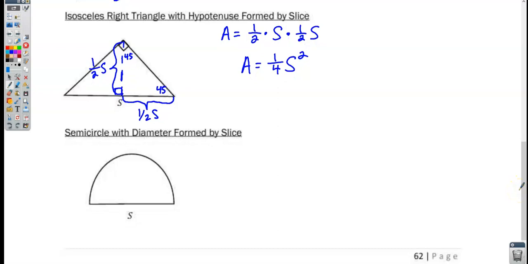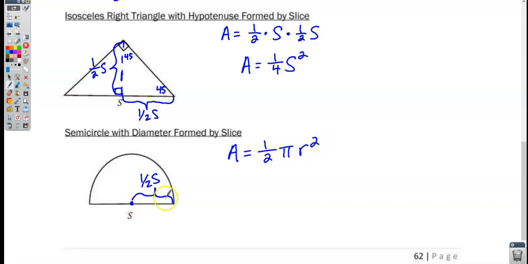And then a semicircle with a diameter formed by the slice. Okay, so if this is my diameter, that means that my radius is 1/2 S. And the area of a circle is pi r squared. A semicircle is half of a circle. So the area of a semicircle is 1/2 pi r squared.